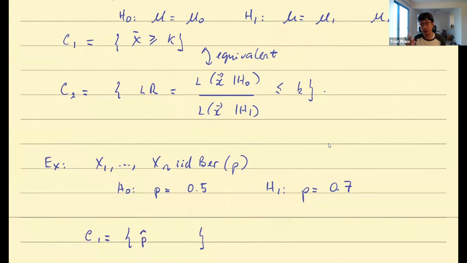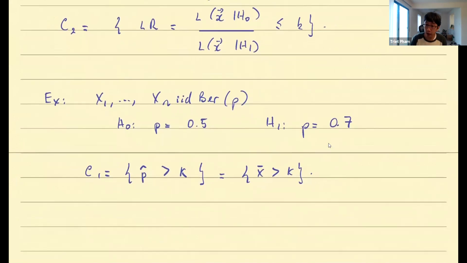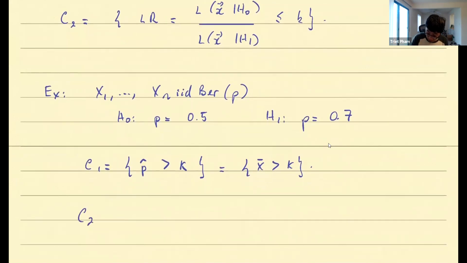That cutoff doesn't have to be 0.7; it really depends on alpha. So p hat bigger than big K, or X bar bigger than big K, because X bar or p hat is just a notation for the same thing. This is the intuitive rejection region. On the other hand, on the simulation, what did I do? I did the other one: the ratio less than or equal to K.